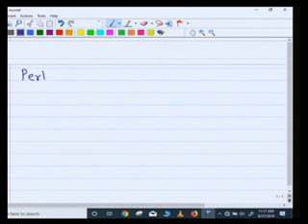Okay guys, let's continue with the further concepts in organic chemistry. I think we have discussed a few of the mechanisms and we have to continue with that. So today, we will start one more mechanism, which is the Perkin reaction.